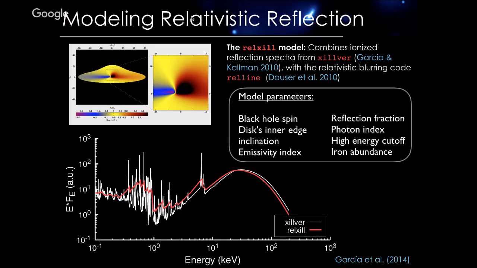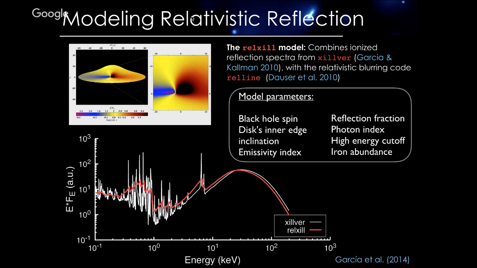Once this is done, you have to cover a range of parameters and make a table of many synthetic spectra. It could take on the order of a million CPU hours. Then you have to include the relativistic effects as a post-processing technique, and we do this by a ray tracing convolution.